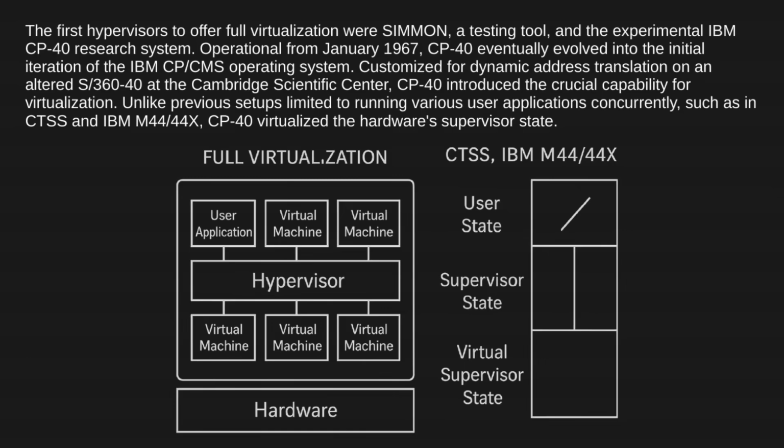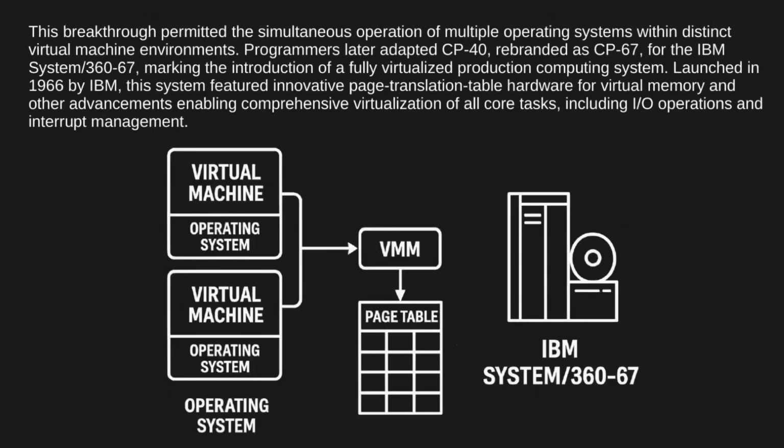Unlike previous setups limited to running various user applications concurrently, such as in CTSS and IBM M44/44X, CP-40 virtualized the hardware's supervisor state. This breakthrough permitted the simultaneous operation of multiple operating systems within distinct virtual machine environments.